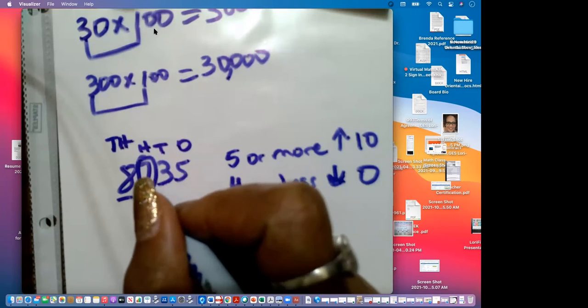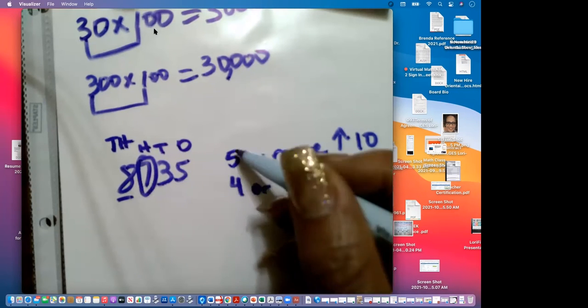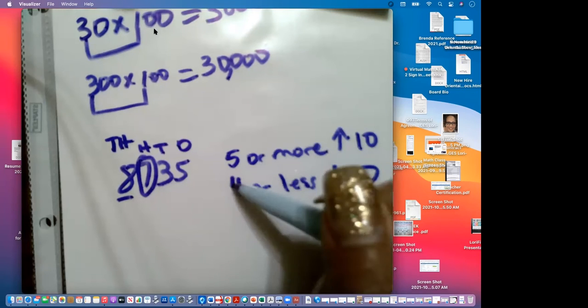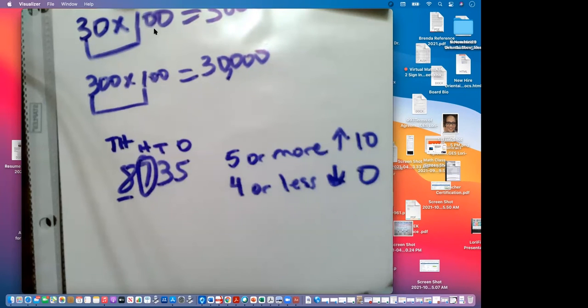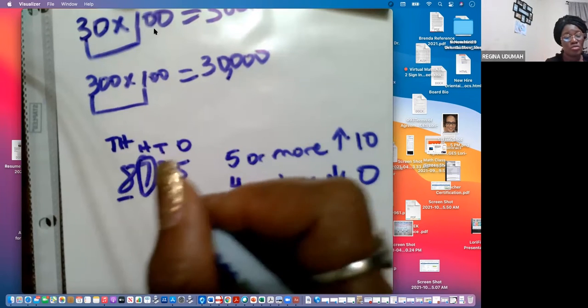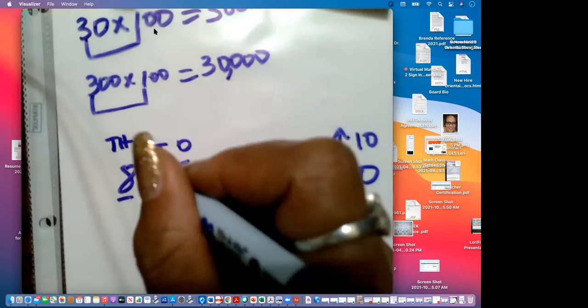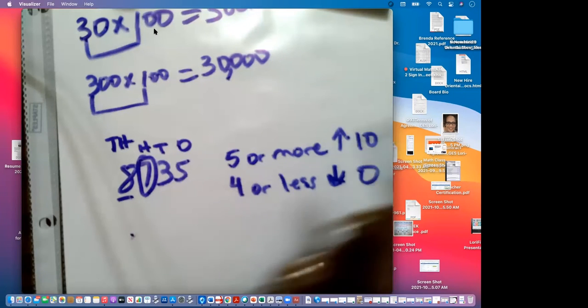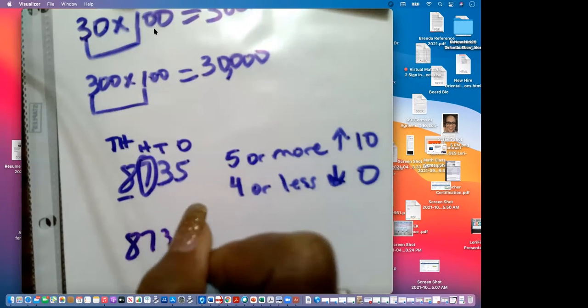The number in our hundreds place is 7. So we go back to our chart. Is 7 5 or more, or is it 4 or less? The 7 is 5 or more. So we're going to round up. Before we round up, let's write it this way: 8,735.